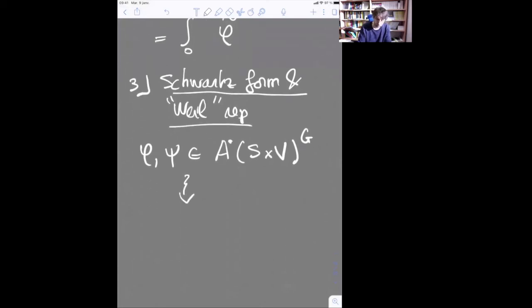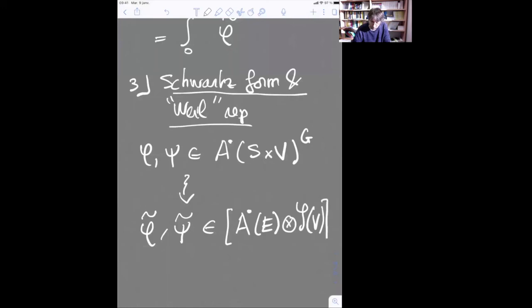we can associate to this form phi tilde and psi tilde. Sorry, it's not the same as above, which are forms on S cross V, so the bundle I denoted E, tensored with Schwartz forms of V, and that are invariant under not only the group G, but the group G semi-direct product with V, so the affine group, if you want.